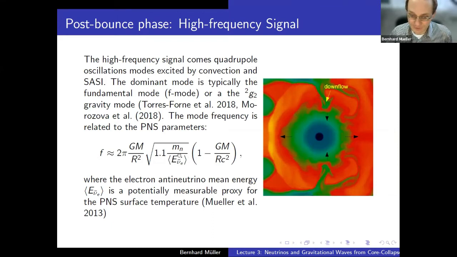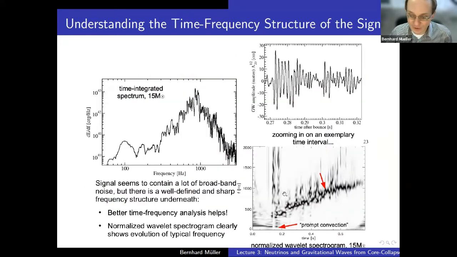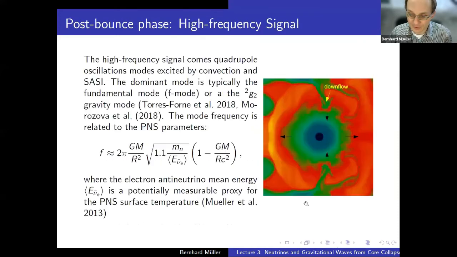It's useful to express it in that quantity because the average energy of antineutrinos is something that you could potentially measure, and you'd get some relativistic correction effects due to gravitational redshift and so on. So the frequency of that mode is very cleanly related to protoneutron star parameters, and if you could measure it, you can pinpoint one of the protoneutron star parameters, or a combination of them.